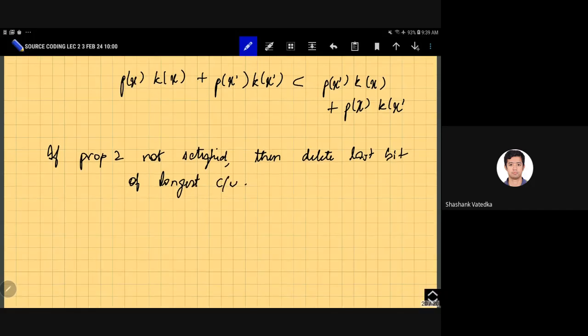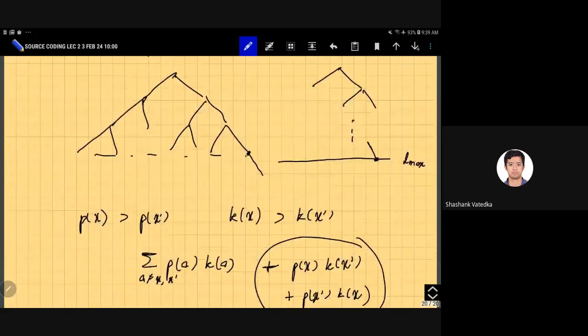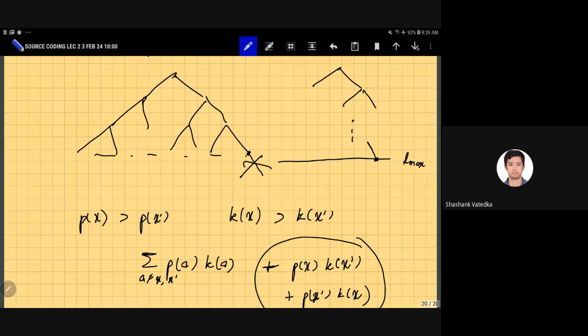It will still be a prefix free code, and it will obviously have an expected length which is smaller than the original prefix free code. So I can delete this particular symbol, and I can get a code with a smaller expected length. Therefore, an optimal code must necessarily satisfy property 2. Any questions?